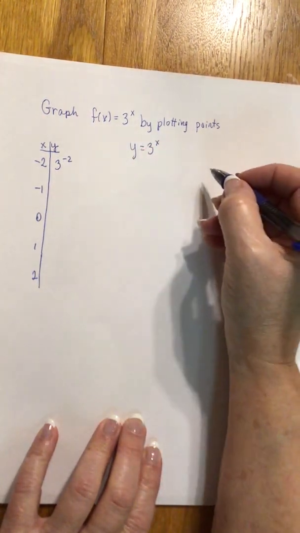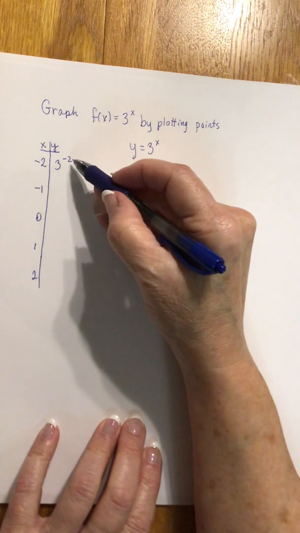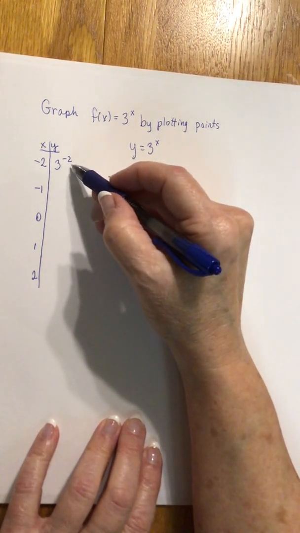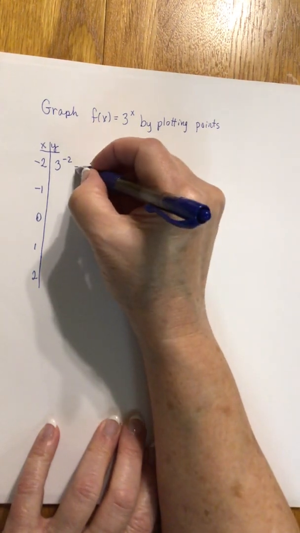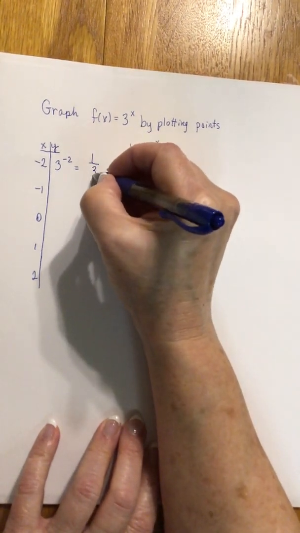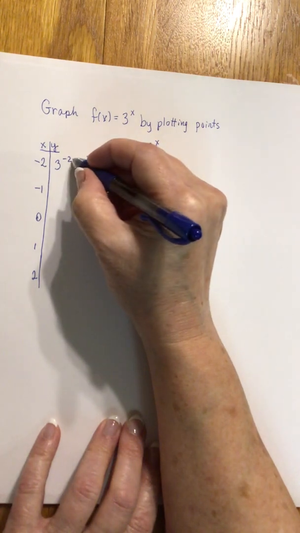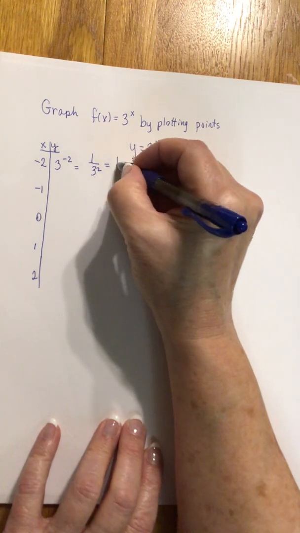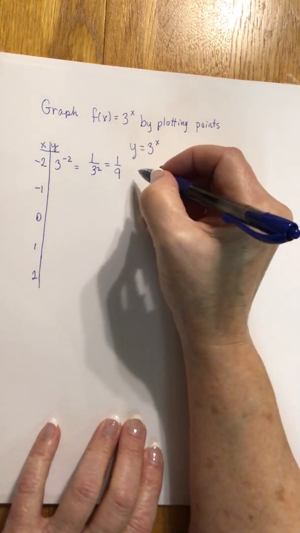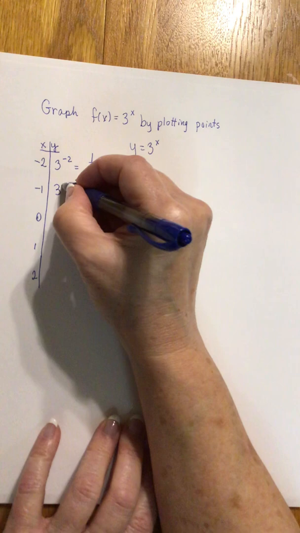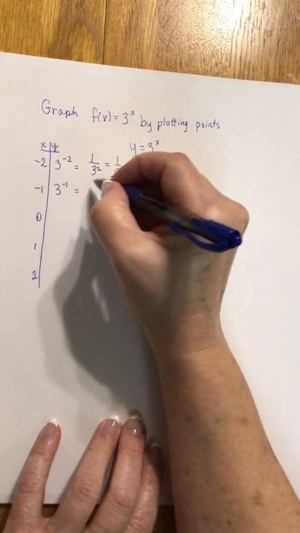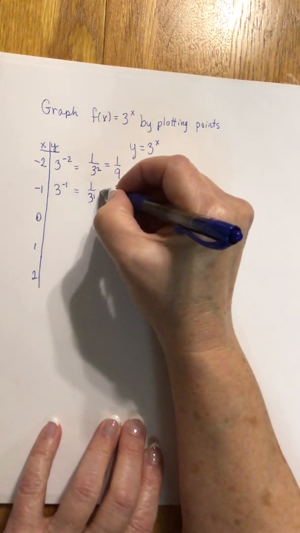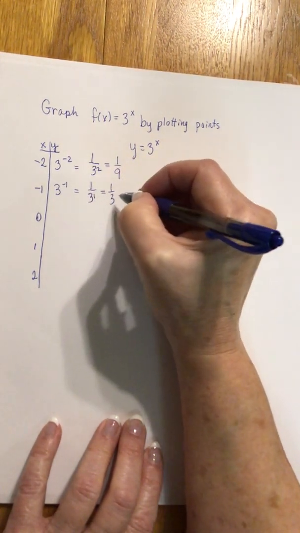Now, we've talked about exponents before, so a negative exponent is the same thing as saying the reciprocal of, so that means moving this 3 squared to the denominator, so I get 1 over 3 squared. If it's negative in the top, it's going to be positive in the bottom, so a +2, so this would be 1/9. The next one we're going to do is 3 to the -1. Same idea, this negative sign is the reciprocal of, so I get 1 over 3 to the first, or 1/3.